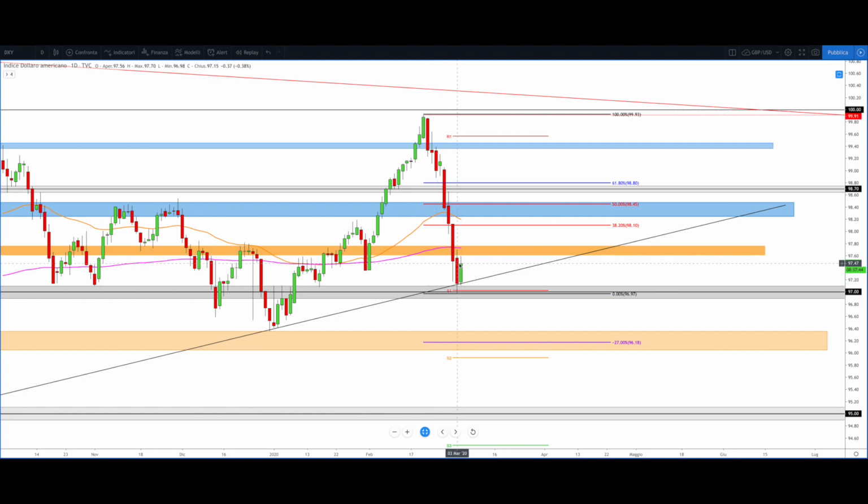But if the price today or in the next days does not find the strength to go higher to start a deeper correction, I expect that the price could break this area, and a daily break below this bullish trend line, this key level and this pivot point, a daily close below this area with a second daily confirmation could be a huge signal for the dollar index and could bring the price to a new collapse for the next days and weeks.